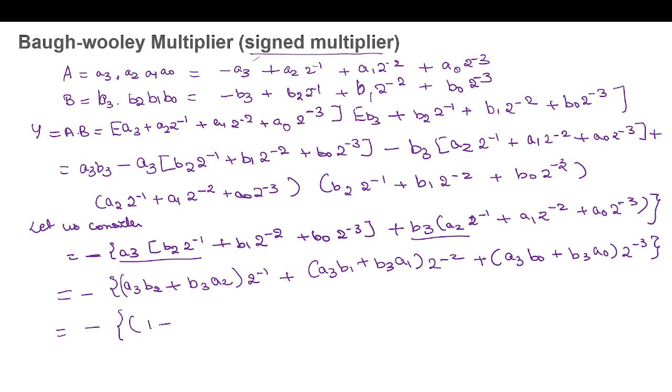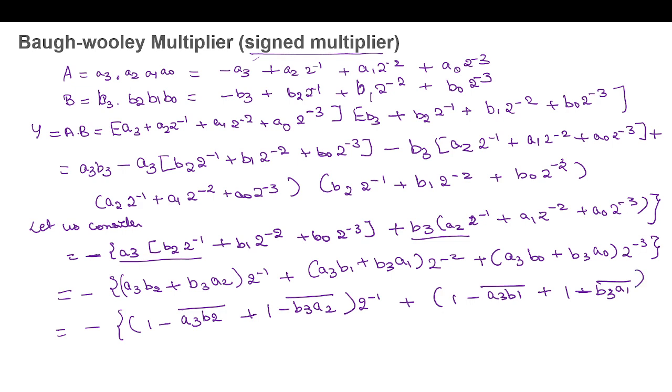Minus, for taking the complement plus 1, minus B3 with the complement, because they are negative numbers. So there are 1 minus 3, 4 minus 3.